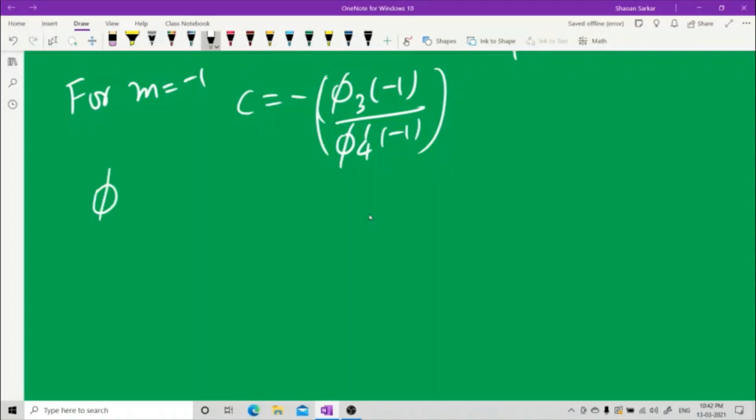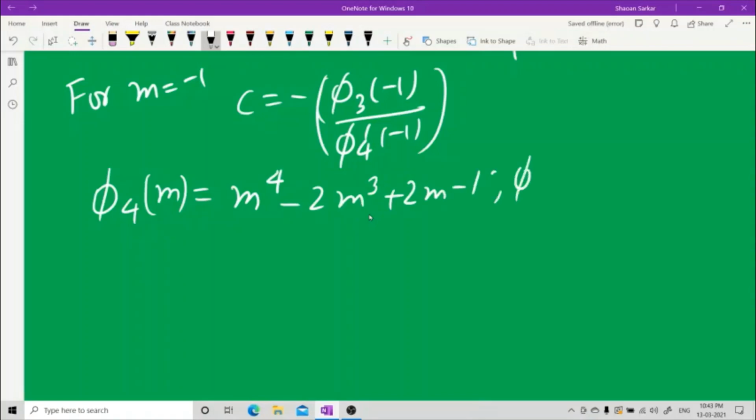Now let us write phi 4 m. What is phi 4 m? Phi 4 m is nothing but m to the power of 4 minus 2m cube plus 2m minus 1.